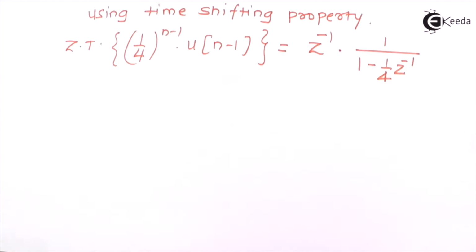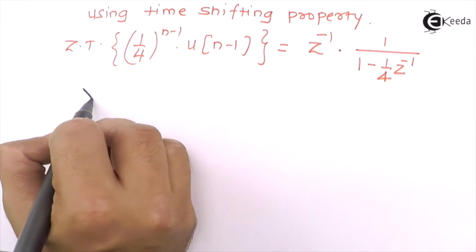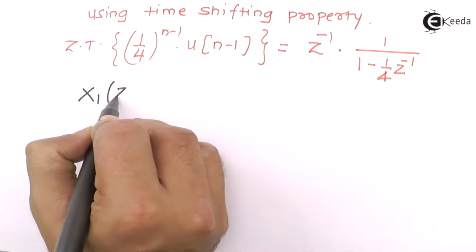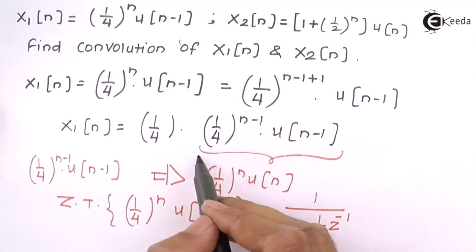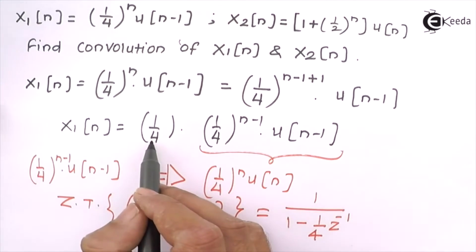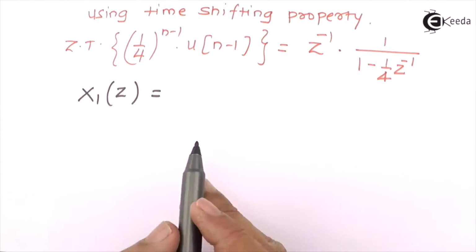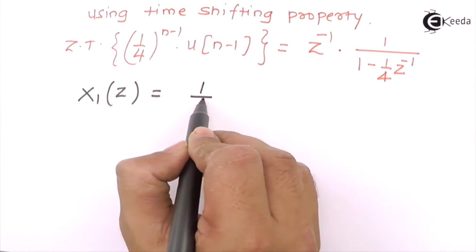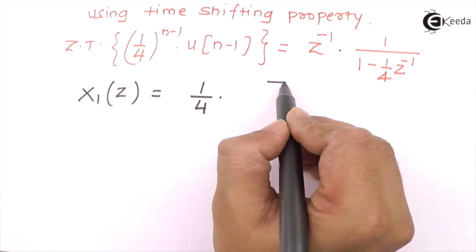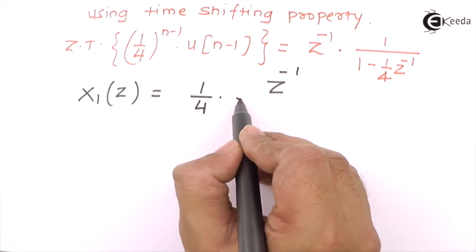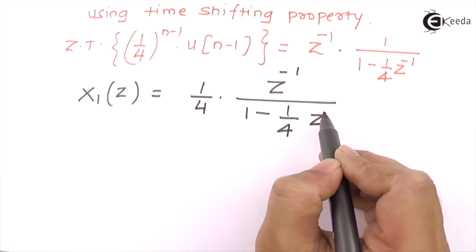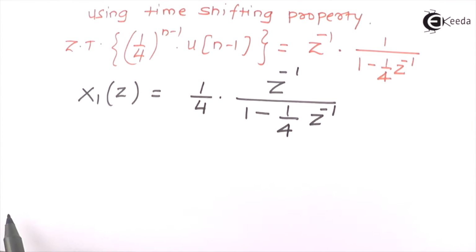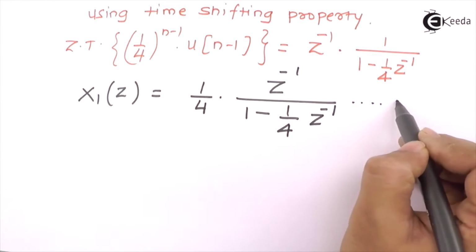So in the end I will get X1(z) as, remember we have taken the Z transform of this signal, the 1/4 constant will remain as it is. So in the end it will be 1/4 into Z inverse upon 1 minus 1/4 Z inverse, with ROC.